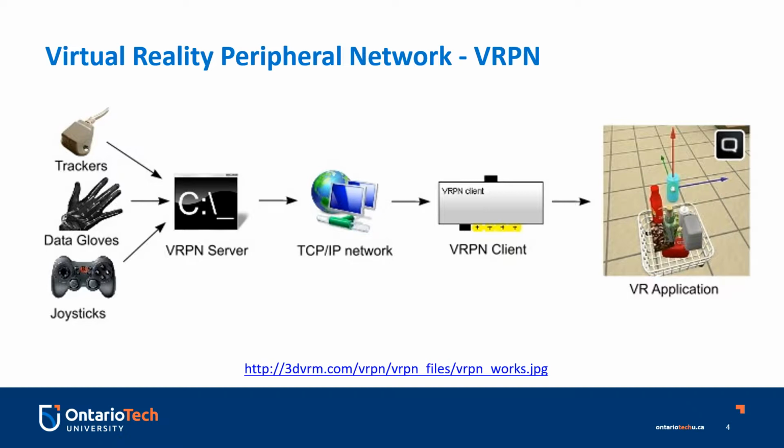The server and the client could be running on the same computer, but for better performance, the server could be a different computer, and of course it can be a computer for the trackers, another computer for the data gloves, and another computer for the joysticks. So a MVE could be easily integrated into this environment.